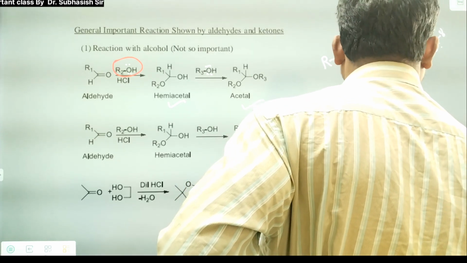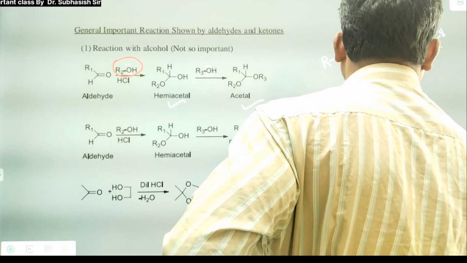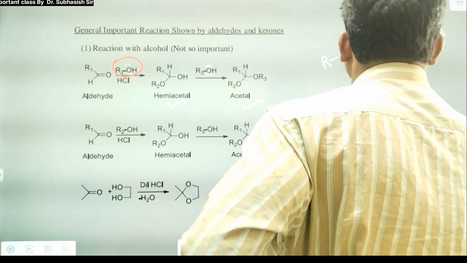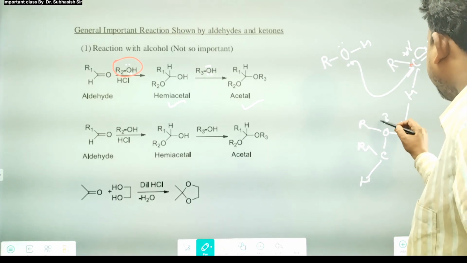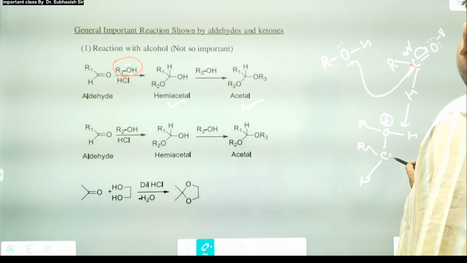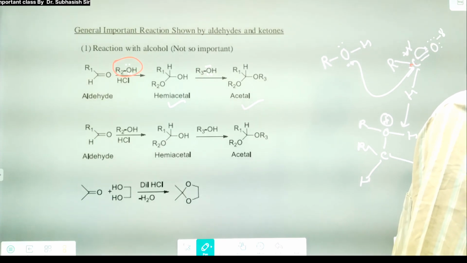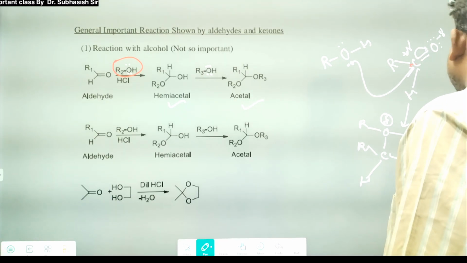Then another molecule of alcohol will come here. Since the electron is going from oxygen, the oxygen will become positively charged, and here this oxygen will have a negative charge.